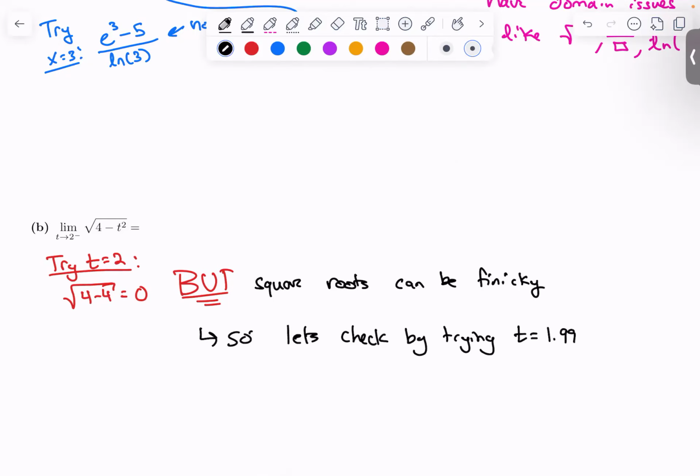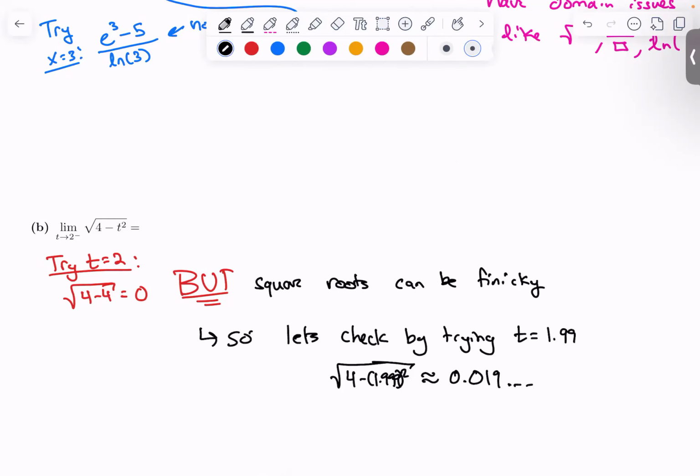That gives the square root of 4 minus 1.99 squared. It should be close to 0, so let's try 1.99999. You get approximately 0.019.